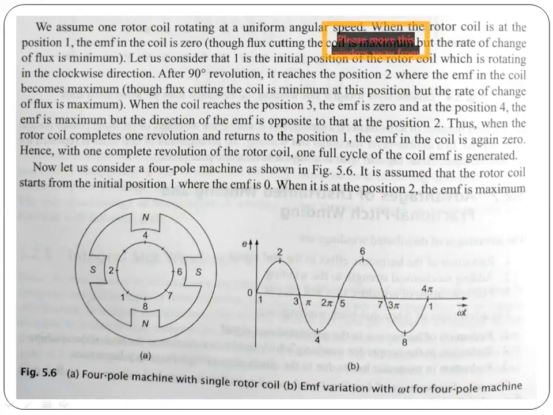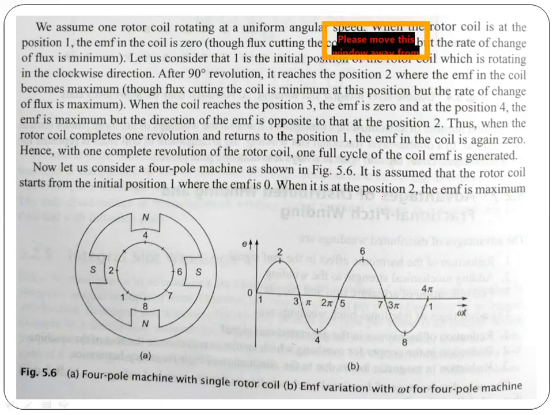When the rotor coil is at position 1, the EMF in the coil is 0, though the flux through the coil is maximum, but the rate of change of the flux is minimum. Let us consider that 1 is the initial position of the rotor coil, which is rotating in the clockwise direction, and after a 90-degree revolution it reaches position 2, where the EMF in the coil becomes maximum.